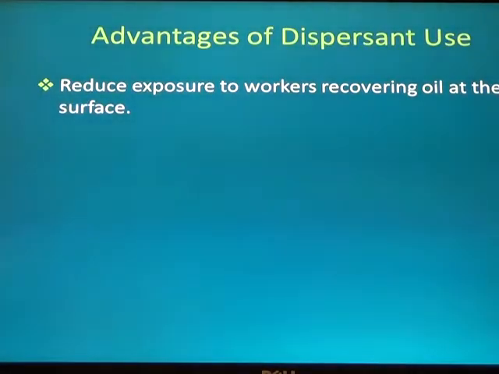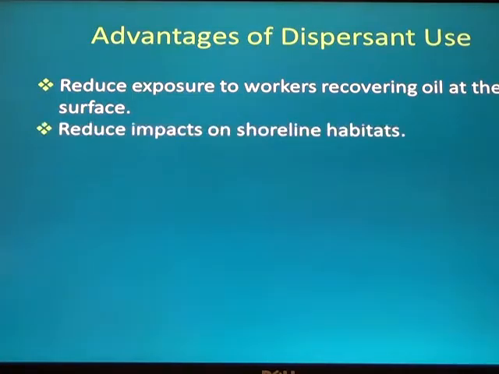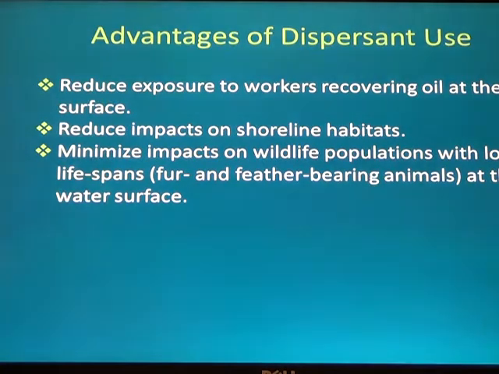So some of the advantages of dispersant use: it will reduce the exposure to the workers who could potentially be recovering oil at the surface. It will reduce impacts to shoreline habitats if we can disperse it offshore in deep water and prevent it from coming into the nearshore environment. It will minimize impacts to wildlife populations that are using that water surface, such as birds and otters.